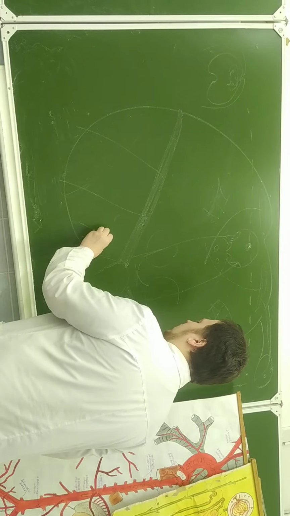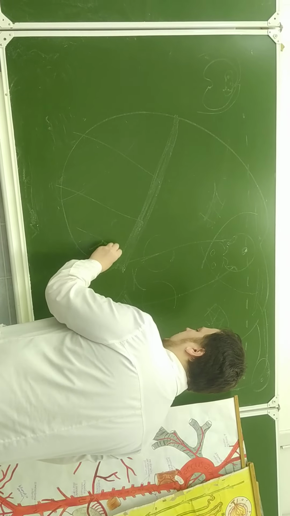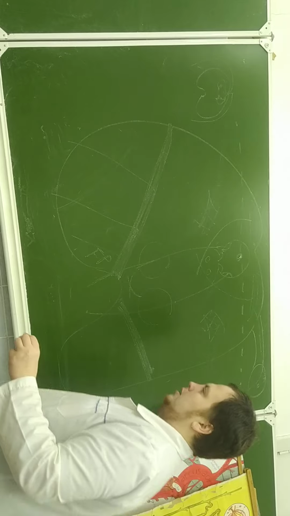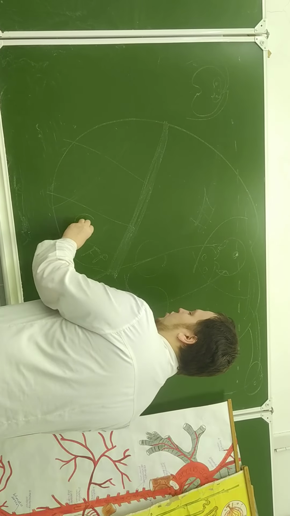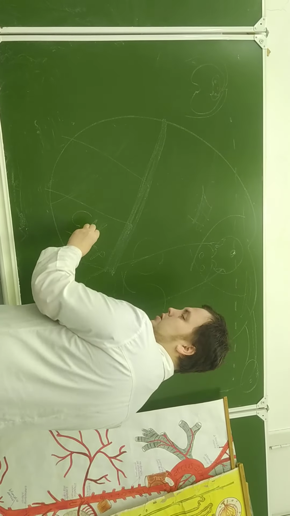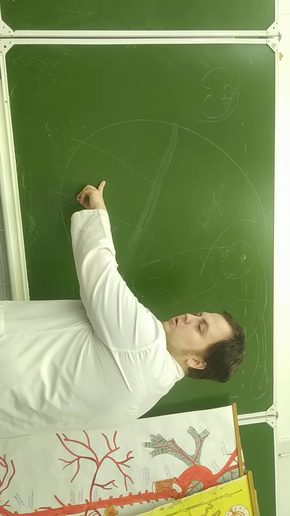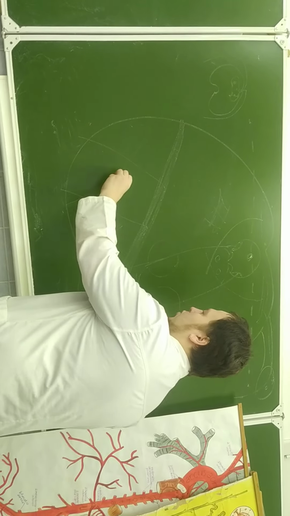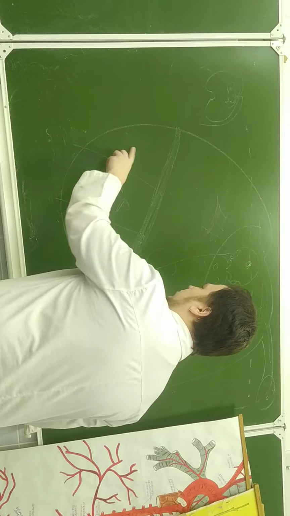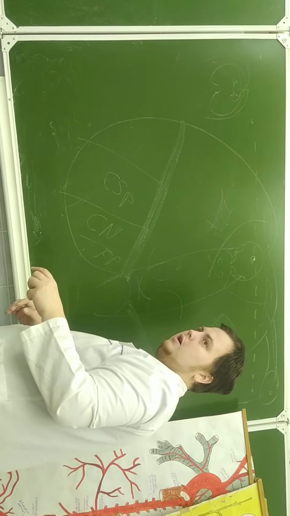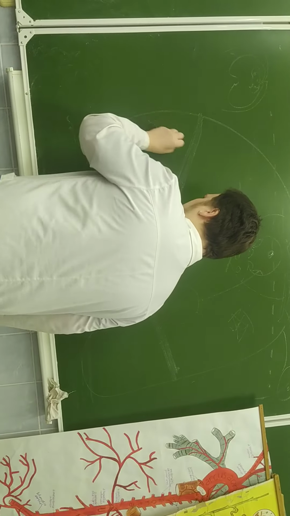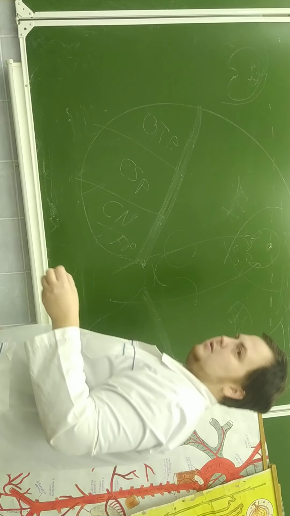Here we will find the frontopontine tract. Next, here we will find the corticonuclear. Then, what do you think? Which will be next? Corticospinal. Corticospinal. And the last one will be the occipitotemporopontine. Like this.